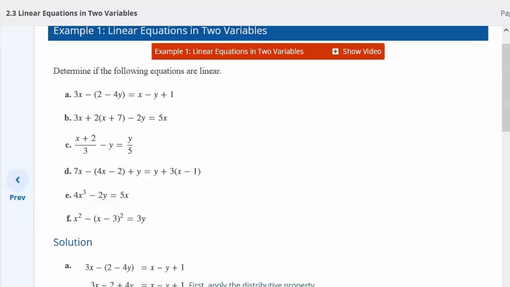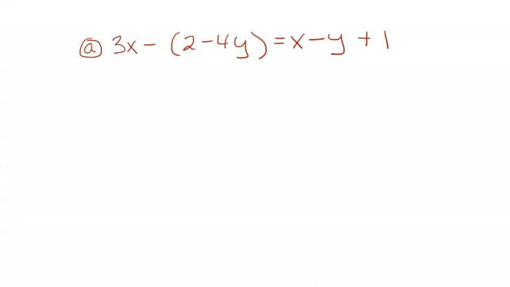So in example 1, they're giving us 6 equations to look at, and we'll do each one by one on the whiteboard. So again, take good notes and be sure you're able to follow the protocol. There is our first example, a little bit of algebra here, simplifying. 3x.